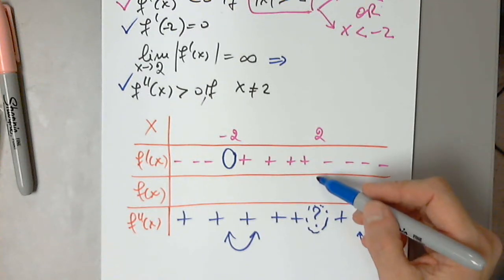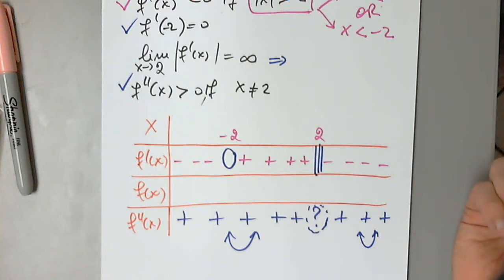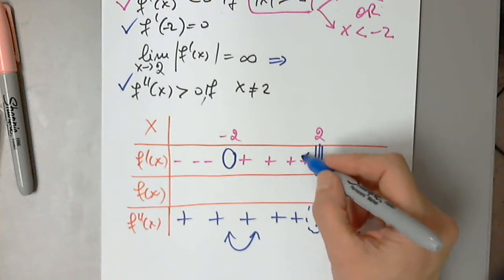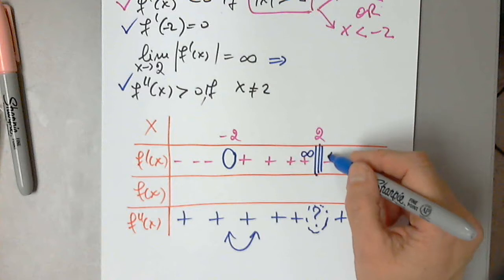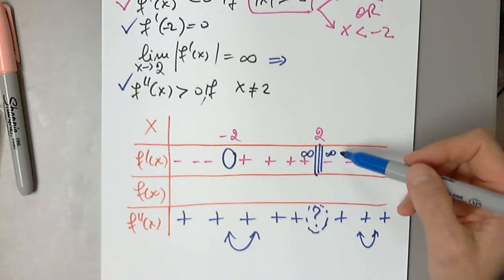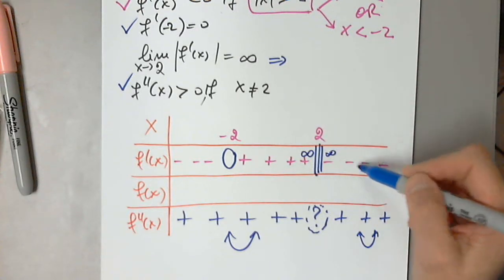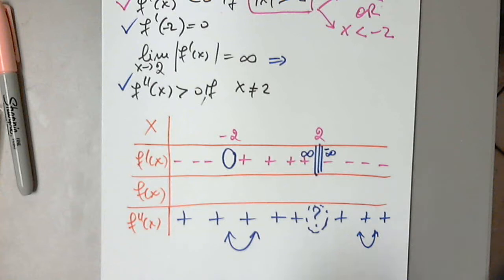So first of all, this will be undefined, and on this side, infinity, and on this side, infinity. But it's the absolute value. So because it's negative here, it will still be negative. I can't change that sign. The sign is given to us of the first derivative.